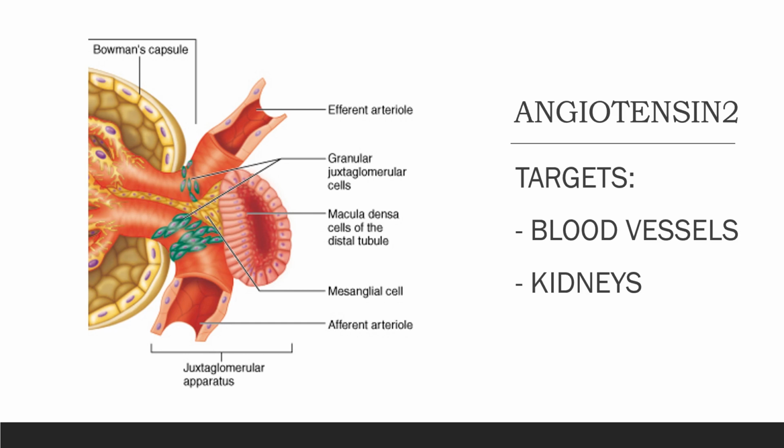So to target the kidneys, angiotensin 2 first goes over to the afferent arteriole here and constricts it. So he makes it narrow. When this happens, he's slowing the blood supply that's going into the glomerulus here. And what that does is it decreases our glomerular filtration rate.